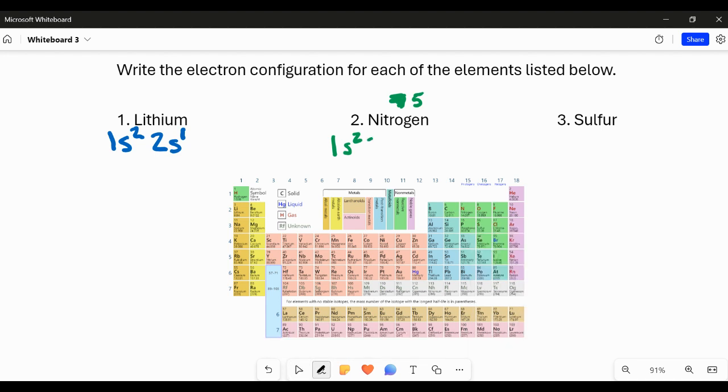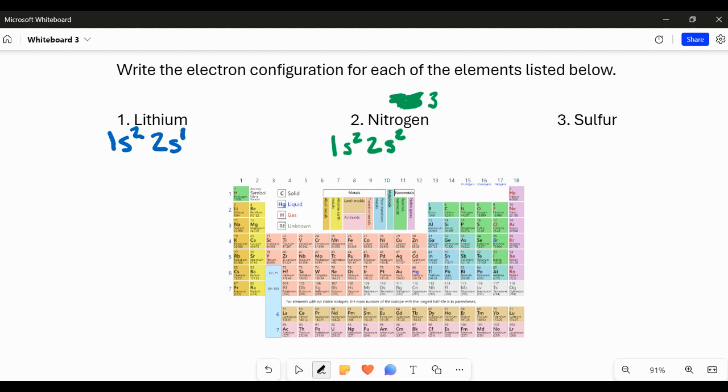Next comes the 2s orbitals. Again, s orbitals can only hold 2 electrons, so we're going to put another 2 right here. Now we've used up 4 electrons in total. Because we started with 7, that means we have 3 electrons left. Now, energy level 2, as we said before, also has p orbitals.